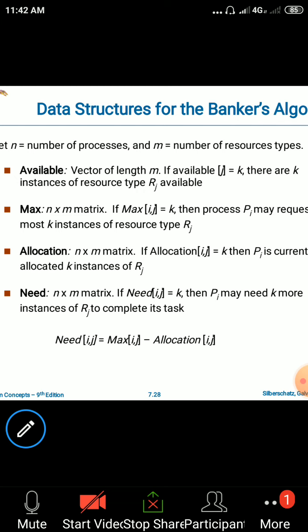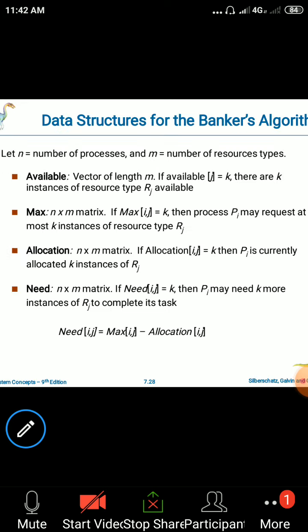Next, one more data structure is maximum. This is a matrix of type n into m. If max[i][j] is equal to k, then process Pi may request at most k instances of resource type rj. As I said previously, 3 types of resources are available: CPU, memory and IO device. Among these 3, the process requires all 3.